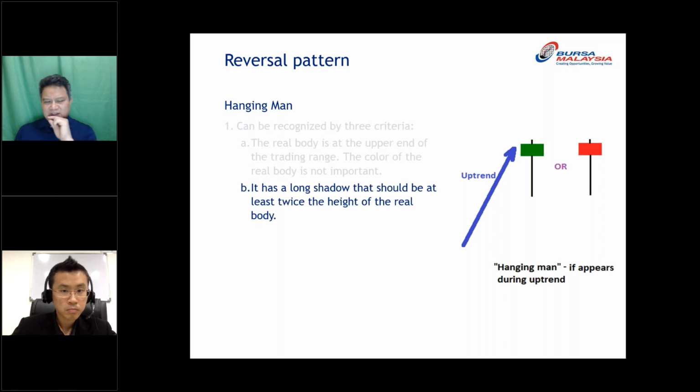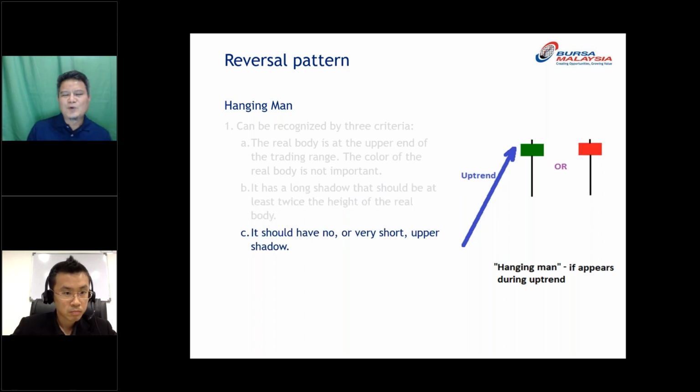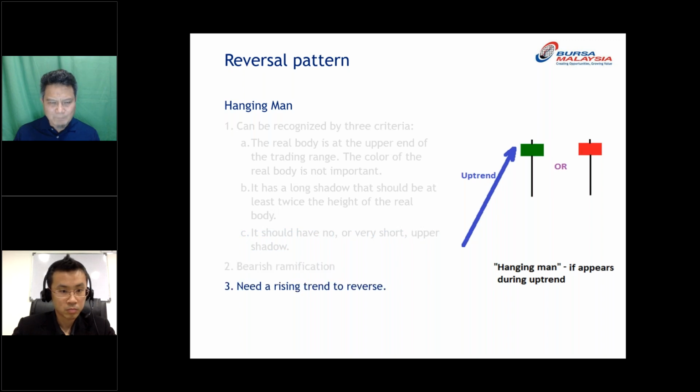The difference between the hammer and the hanging man is the location. The hammer is at the bottom, but the hanging man appears at the top. So this is very, very important. That's number 3.